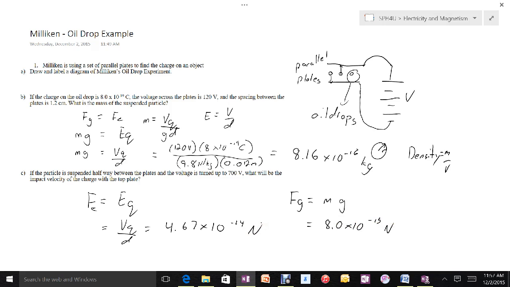So I have an electric force pushing this object up at 4.67 times 10 to the negative 14, and I have a gravitational force pulling it down at 8.0 times 10 to the negative 15.